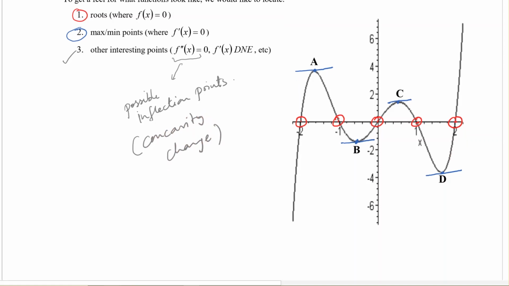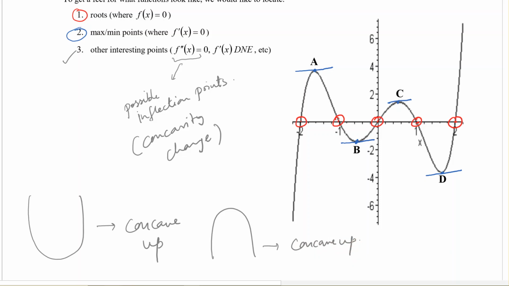The curve is called concave up if it looks like this, concave up. And if it looks like this, that is called concave down. So wherever it goes from concave up to concave down or concave down to concave up, wherever concavity changes, those points are called inflection points.